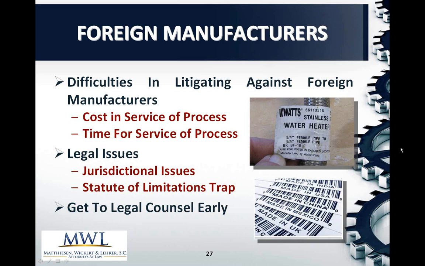If you need to file suit in order to learn that information, at least you have some time on the back end so that you can bring these people into the case if needed. If you're running up against the statute of limitations, you may get burned in the end. So we always like to see these get to legal counsel early so that there's enough time to fully investigate and get everybody involved that's needed.